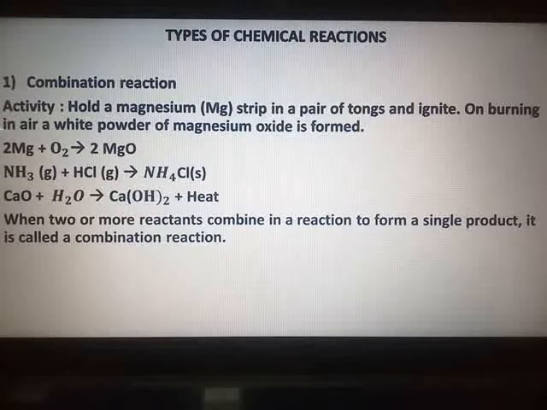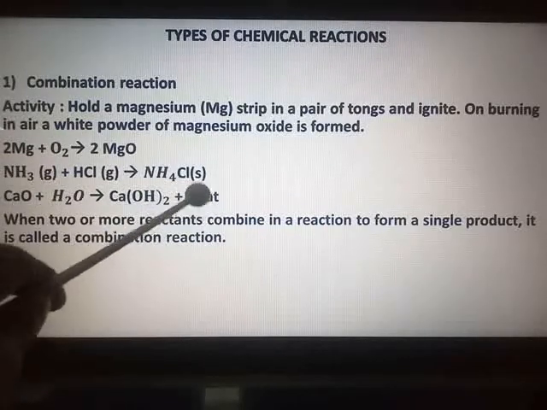Let us take one more example. You have to take water in a beaker up to half of the capacity of the beaker. Add a few pieces of slaked lime or calcium oxide in the beaker. What will you see? This calcium oxide will combine with water and it will form calcium hydroxide with the liberation of heat.